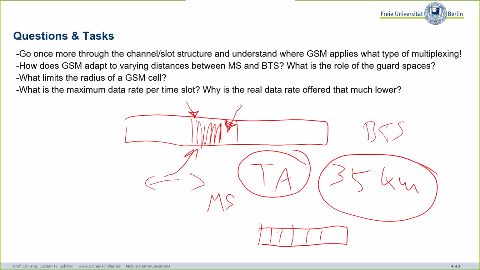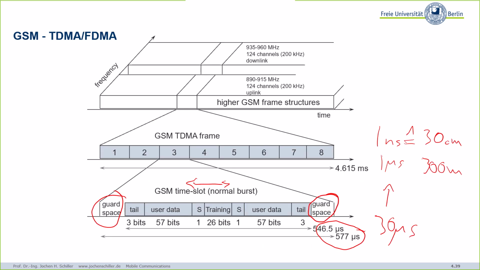Okay, that was about the limit, the radius, and then the maximum data rate. I don't know if someone calculated the maximum data rate. So if you look once more at this slide, you see that every 4.615 milliseconds we repeat a slot, and inside the slot we have 114 bits.